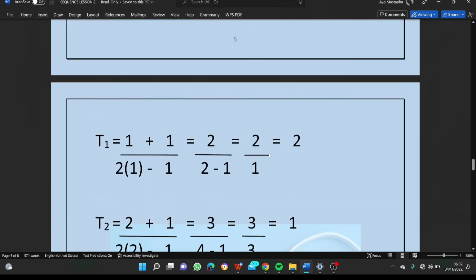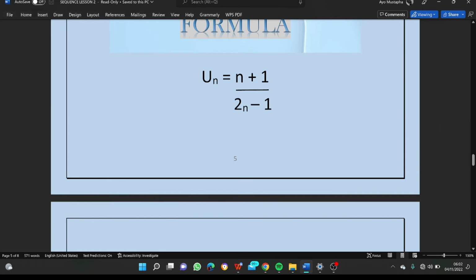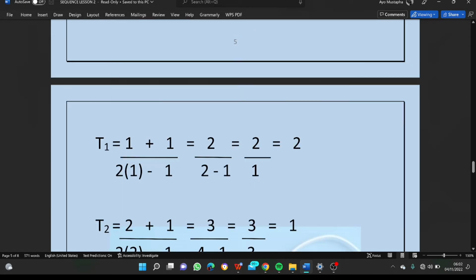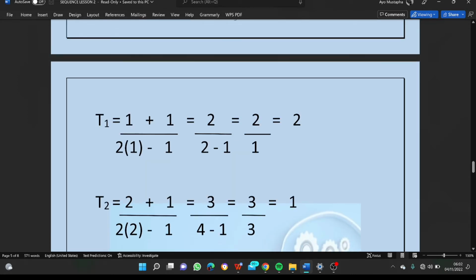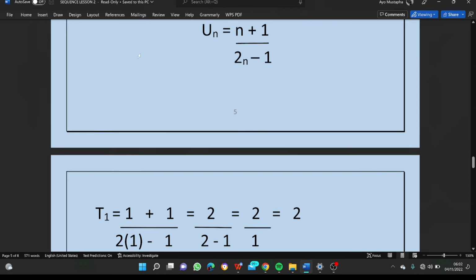So we have now for T1, we are going to the fourth term. Let's not forget for T1, according to the formula, we have n plus 1. This is 1 here in the sense that this T represents our U. So we have T1 equals 1 plus 1. So we apply this here.